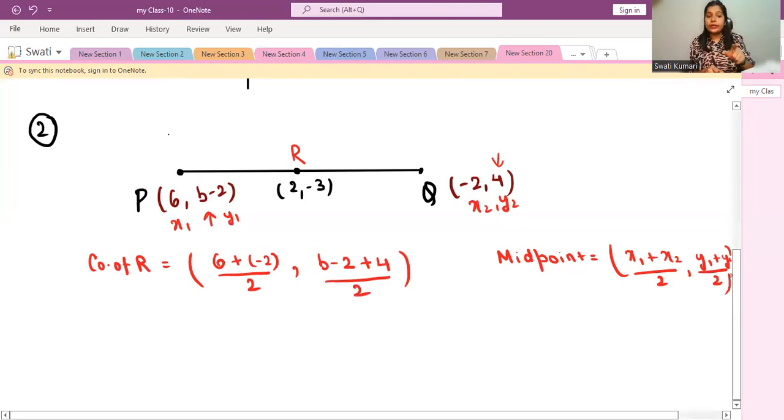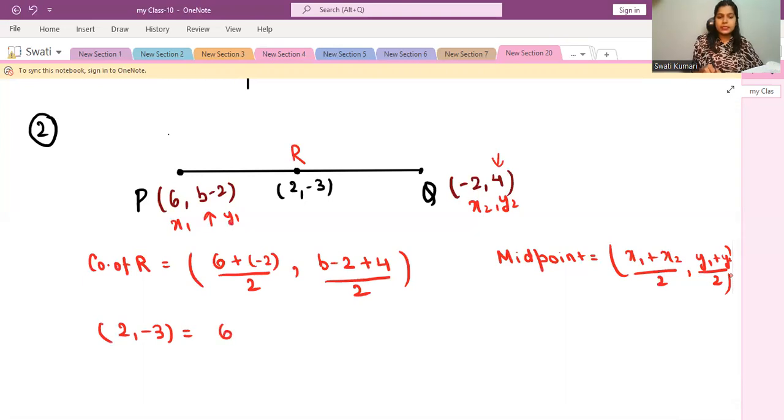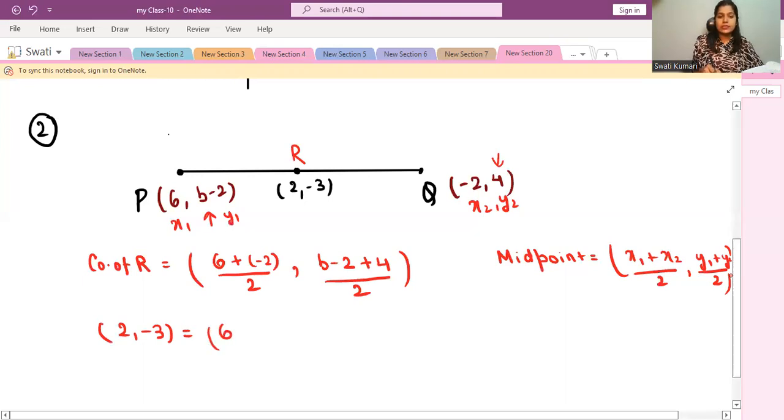And now the coordinate of R is also given, which is 2 comma minus 3. So we can write 2 comma minus 3 equals this. If you simplify, this will become 6 plus minus 2 upon 2, comma, b minus 2 plus 4 will become plus 2, right?